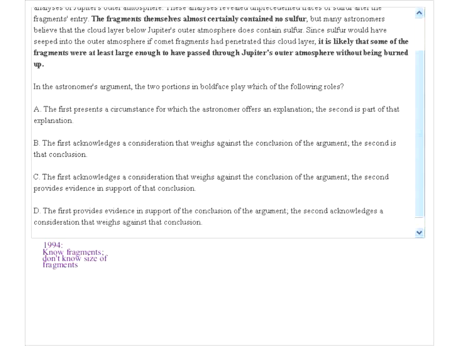In 1994. Okay, so that's a statement. In hopes of gaining some indication of the fragment size, notice that some of this is also keeping your eyes open for themes here, because these passages are very strongly run through with themes. If they keep mentioning some topic over and over again, then it's very likely that topic is going to be the essence of the conclusion. So notice this is already two mentions of the size of the fragments.